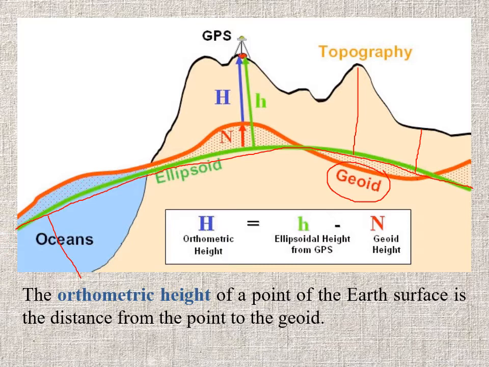So as the density varies from place to place, the gravitational attraction of the surficial material of the earth also varies from place to place. And as the gravitational attraction varies from one point to another, that is why the geoid surface also becomes undulating from place to place.